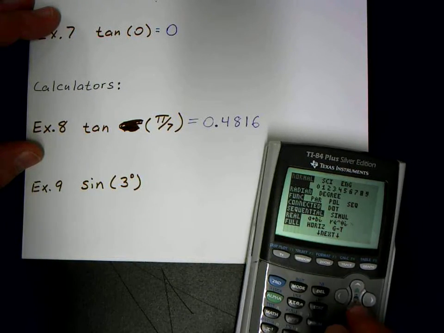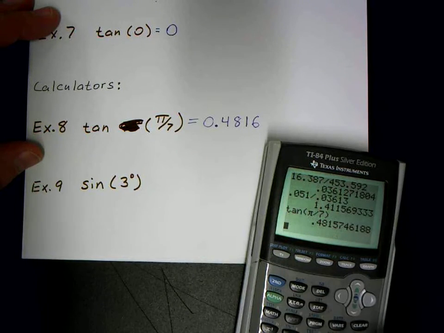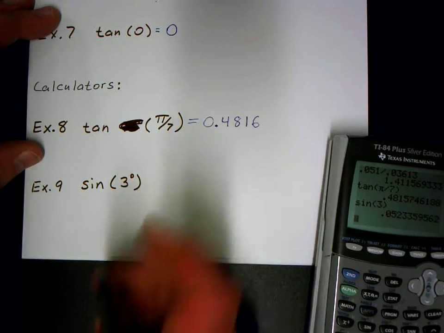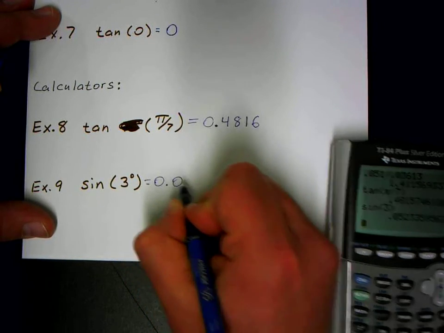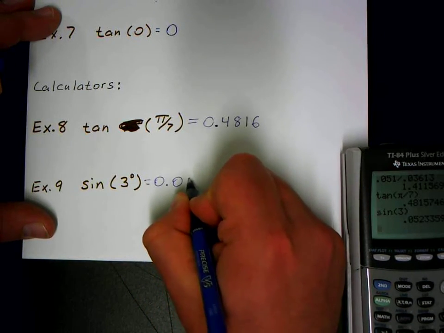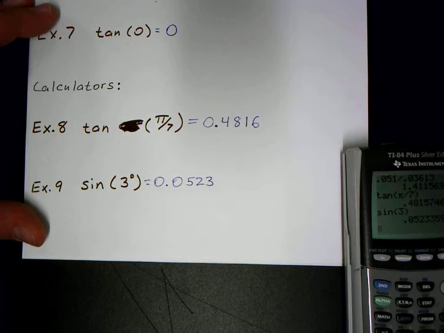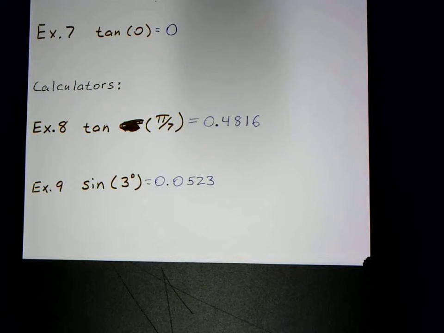Okay, and then you need to switch it back to degrees to do the next one. All right, so just make sure you can get those 2 answers. If you can get those 2 answers, then you should be fine. You just have to be careful that you are checking which mode you're in before you do a problem.